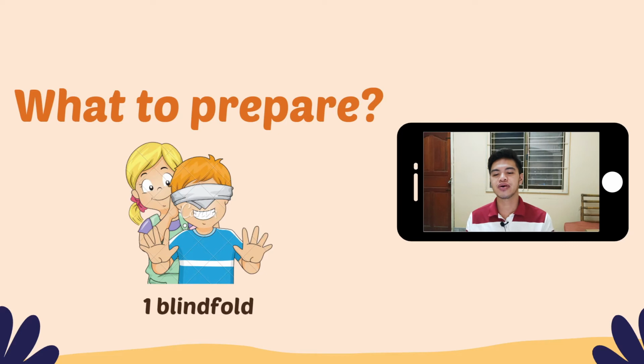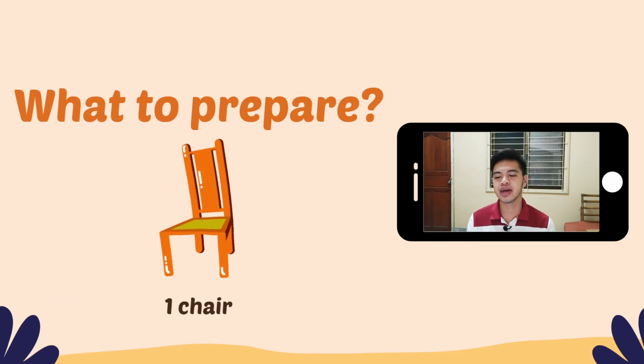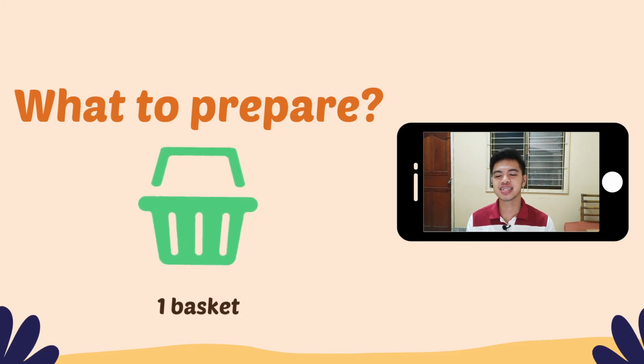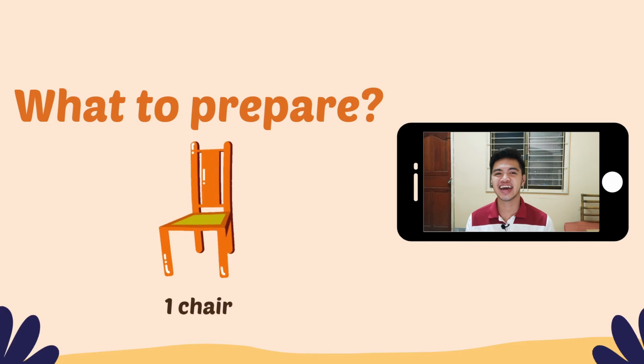The next one that you have to prepare is a blindfold. For the next one, we also have to prepare 1 chair. So those are the things that you have to prepare: 5 balls, 1 basket, 1 blindfold, and also 1 chair.